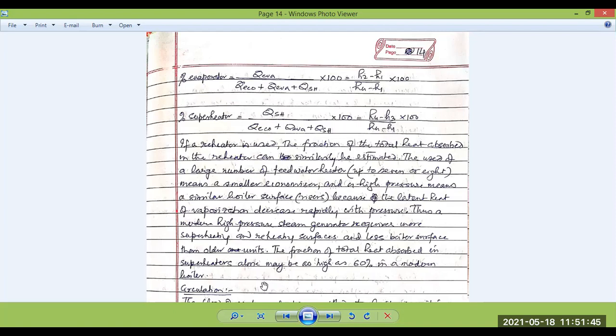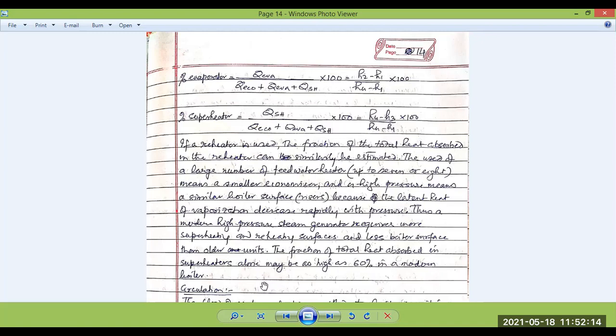Sometimes a large number of feedwater heaters, up to 7 to 8, means a small boiler economizer and high pressure steam. High pressure means a smaller boiler surface, because the latent heat of vaporization decreases rapidly with rise in pressure.